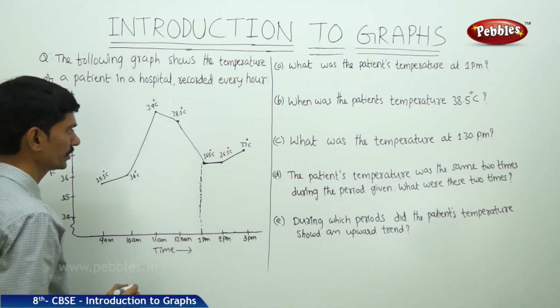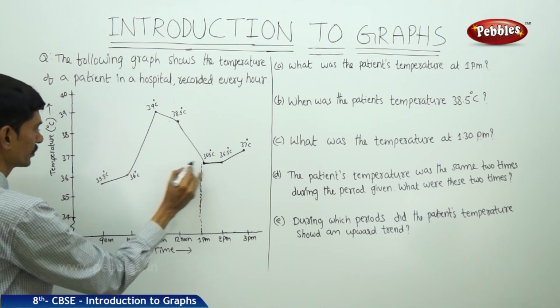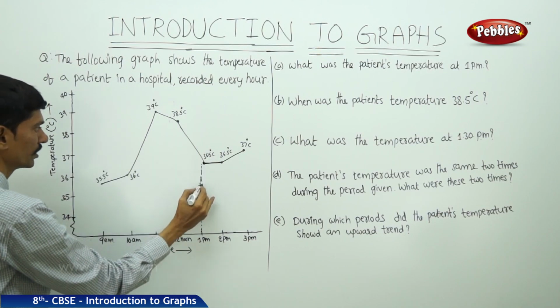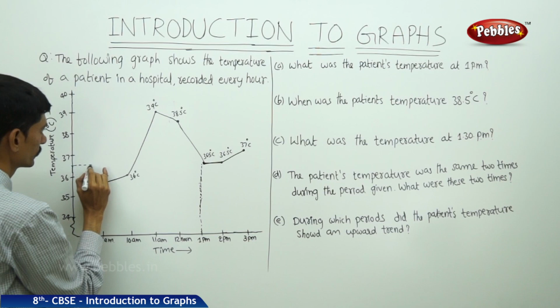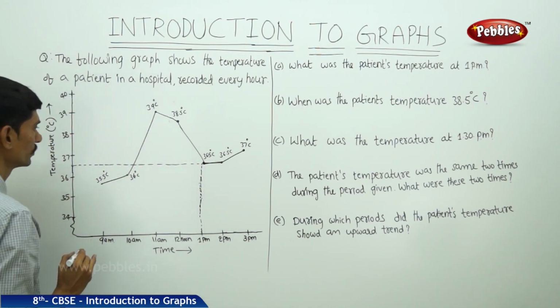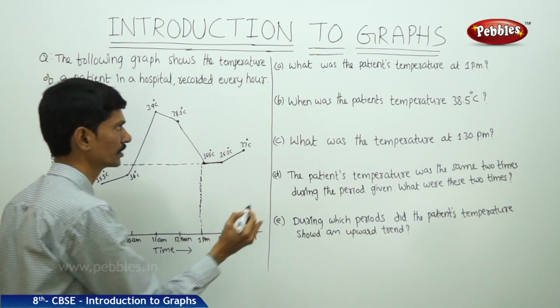If you draw a horizontal line from the point where it meets the line graph, it is 36.5 degrees centigrade. So the temperature at 1 pm was 36.5 degrees centigrade.